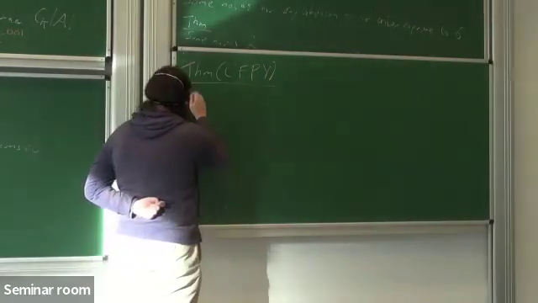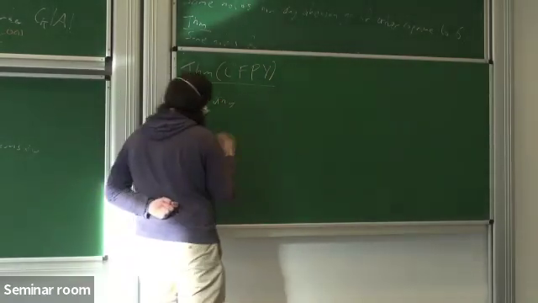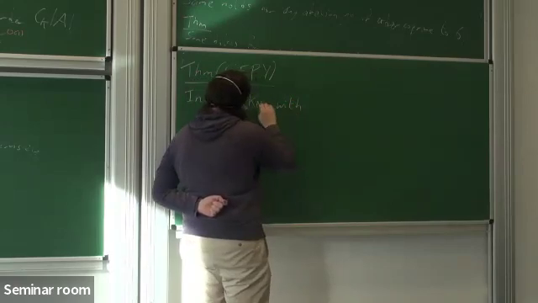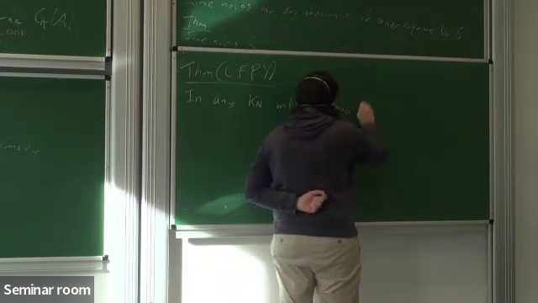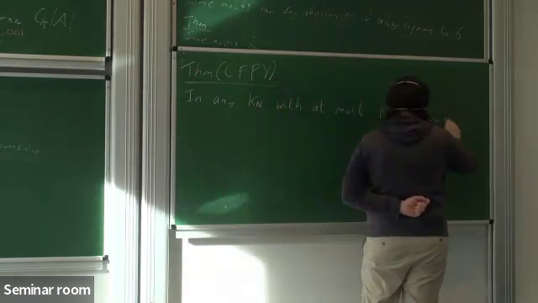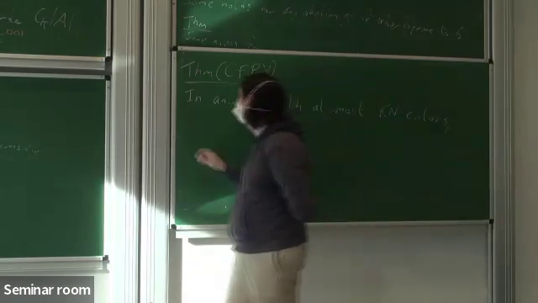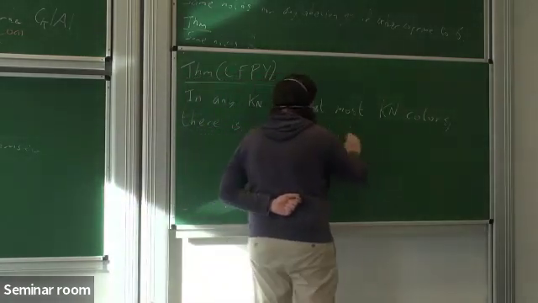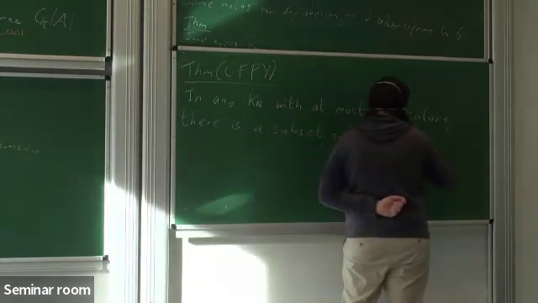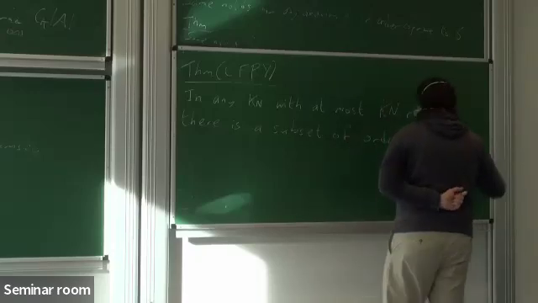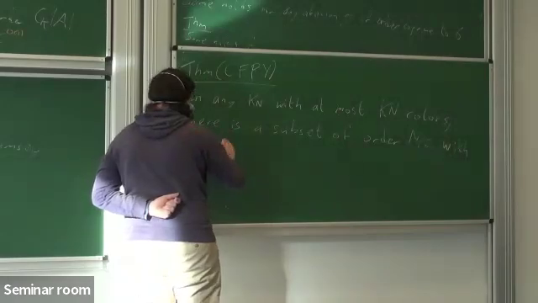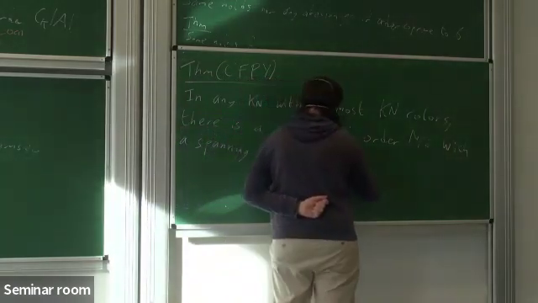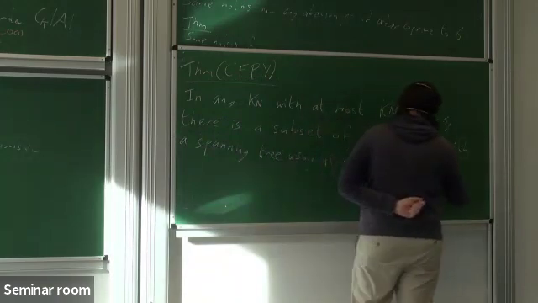The setup is: in any properly colored Kn with at most kn colors, there is a subset of order n/2 with a spanning tree using a small number of colors, some constant k plus log n colors.